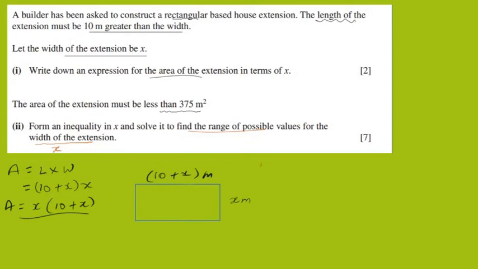So for part 2, the inequality formed is x times x plus 10 is less than 375. That means that x squared plus 10x minus 375 is less than 0.